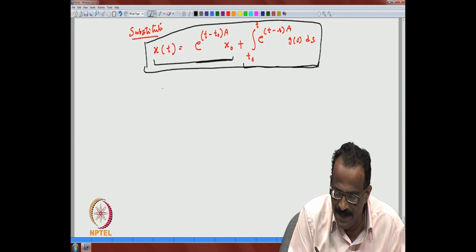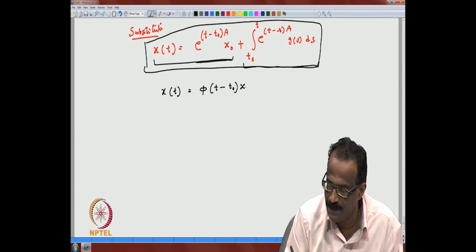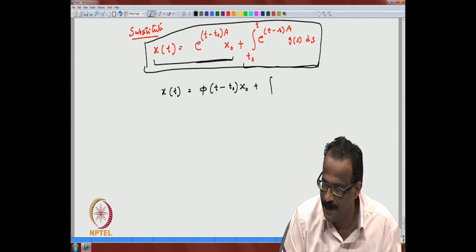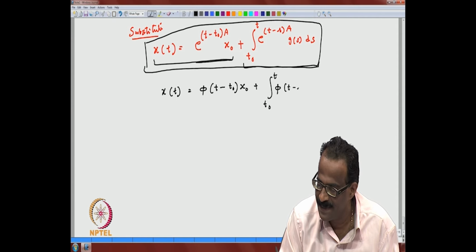So let me write it in this form: phi t is nothing but phi of (t minus t naught) x naught, in symbol form, plus the integral from t naught to t of phi of (t minus s) g of s ds.